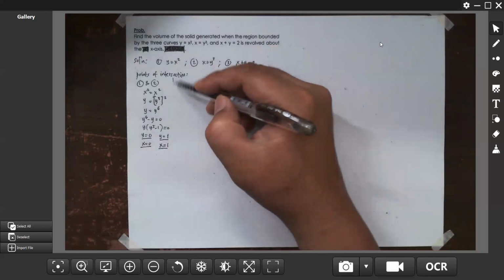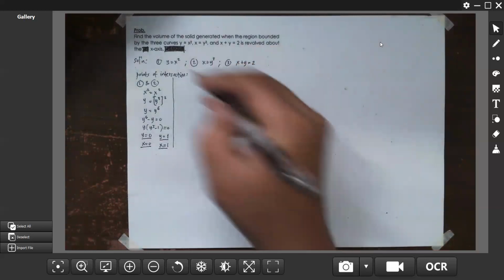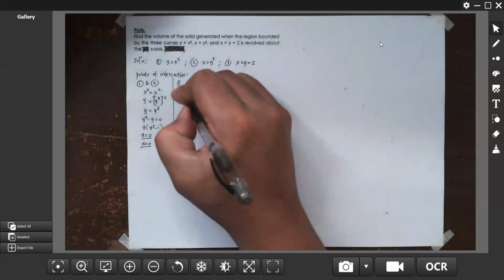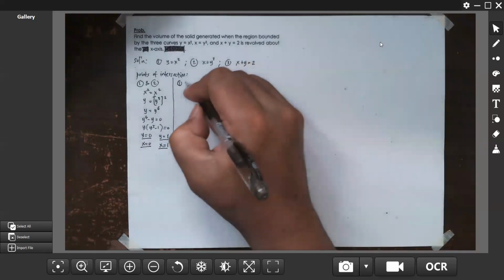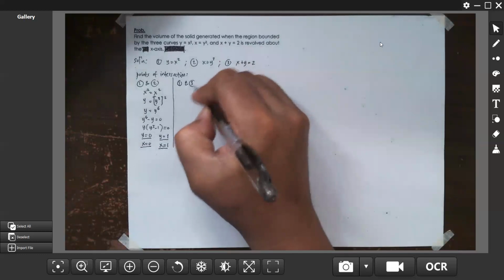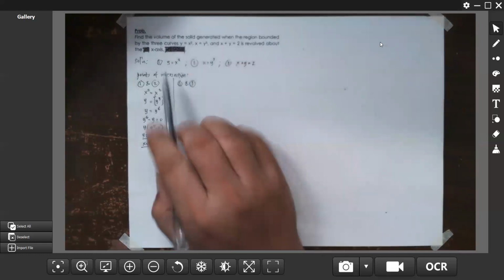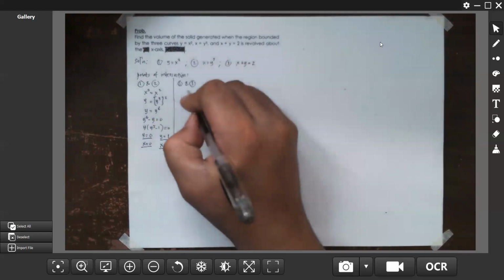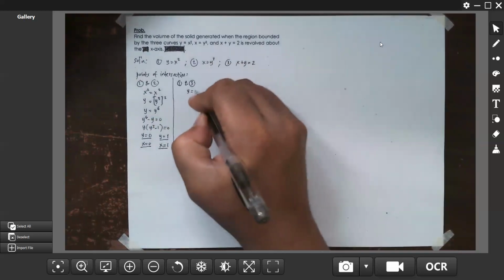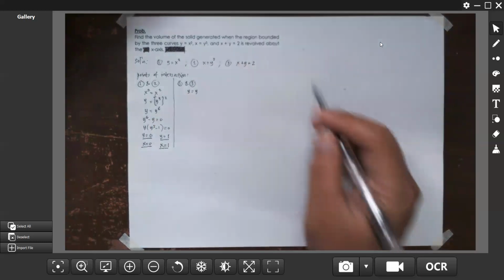Now, next, let's determine the points of intersection of 1 and 3. For 1 and 3, we can equate y. The y of 1 is equal to the y of 3.